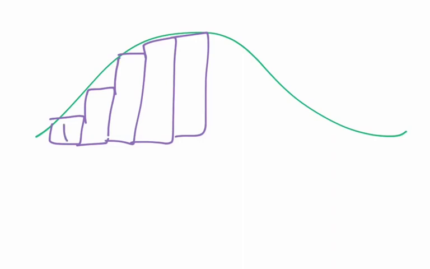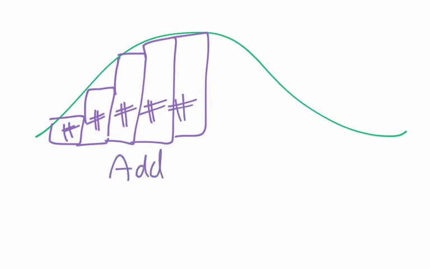What you would do is find the area of each of those rectangles and add them up. There would be a pattern to the areas of the rectangles that corresponds to the function, whatever function that is that looks a little bit like a sine wave. And you would add them all up, and you just have to take my word for it. There's some really cool stuff that you can do with it.